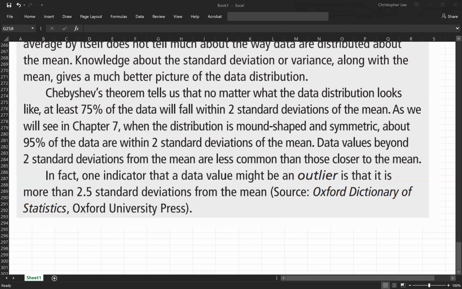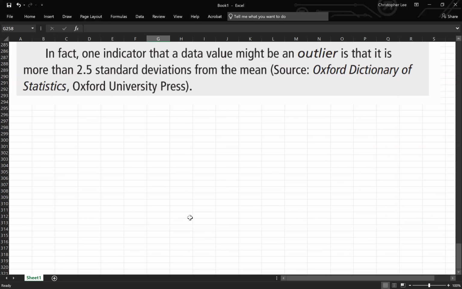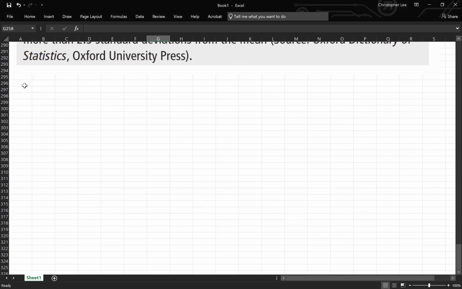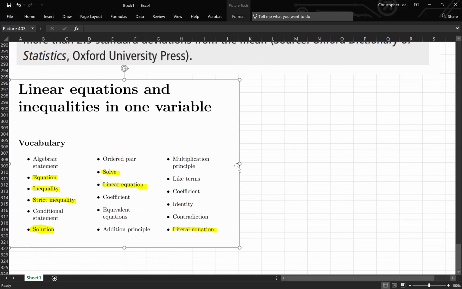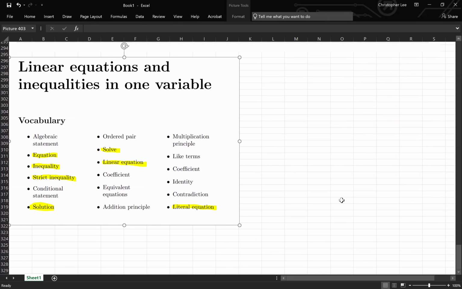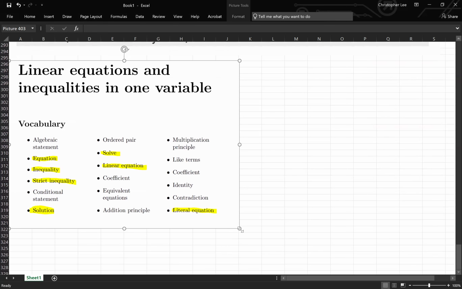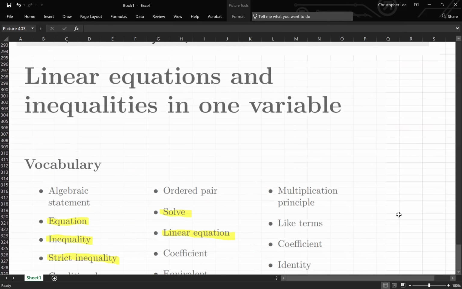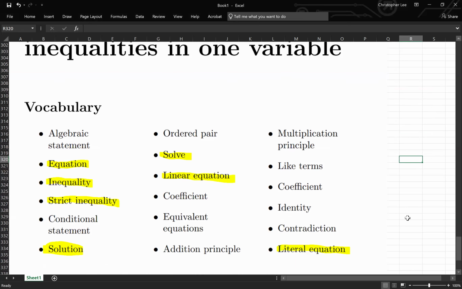Let's talk about something useful. So this you might want to write down. This is some vocabulary that we about to get into. We'll get back into math, don't worry. So linear equations and inequalities in one variable. Here go your vocabulary, right?